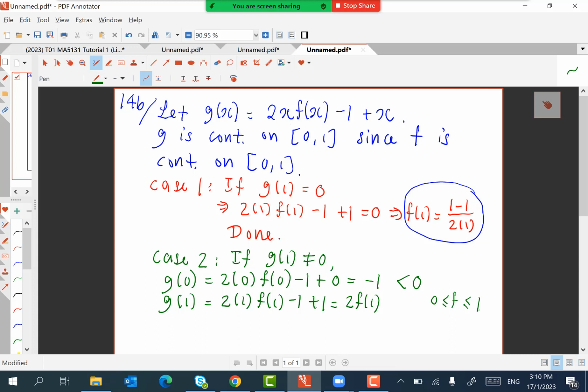So over here, if we have g(1) equal to 2f(1), we want to conclude that this is positive.